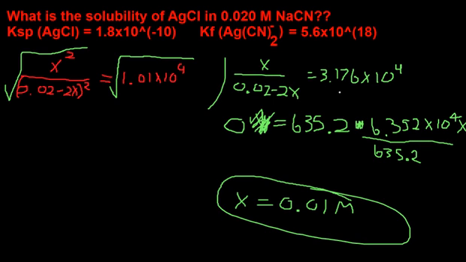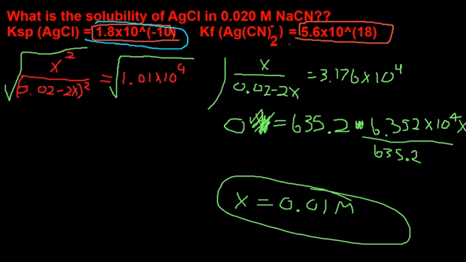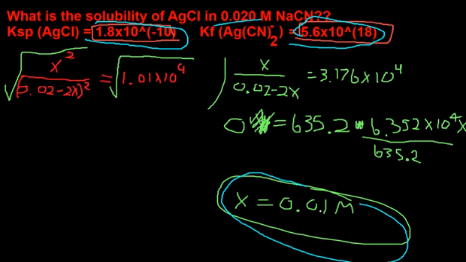Which seems about right, because we have the Kf value for our silver dicyanide being very high, and the solubility being very low. If we assume that all the silver chloride that dissociates complexes into silver dicyanide, we get this exact same value, basically half of the cyanide concentration because there's two cyanides.